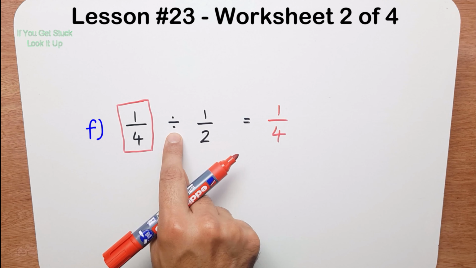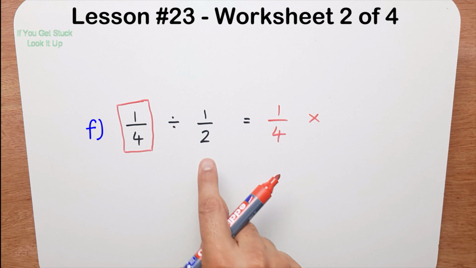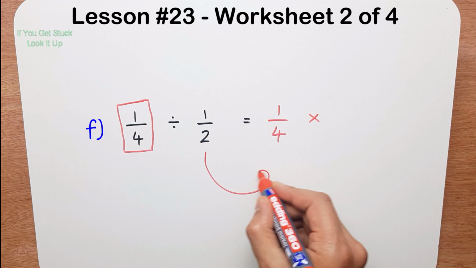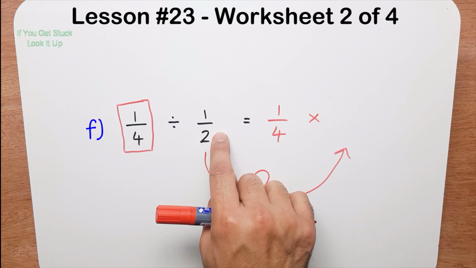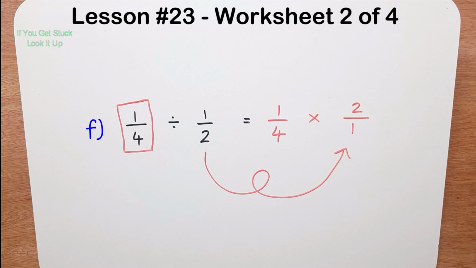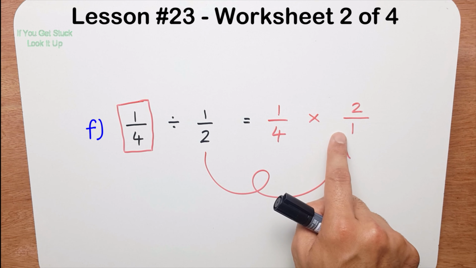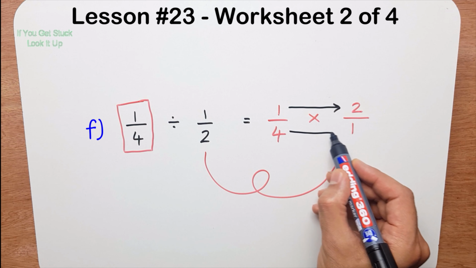I turn the divide into a times and I flip the second fraction. So the 2 goes to the top and the 1 comes to the bottom. Now I have two fractions, and with fractions I always multiply straight across.